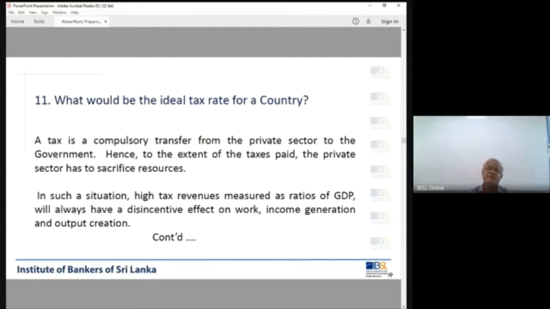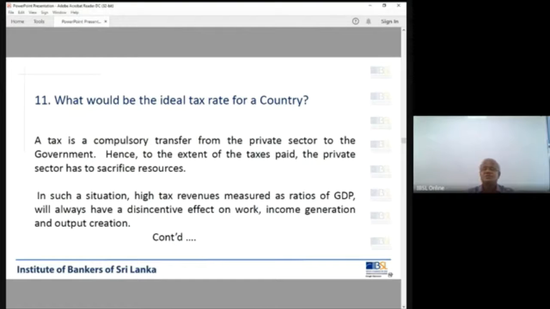What would be the ideal tax rate for a country? This is a theoretical question. A tax is a compulsory transfer from the private sector to the government. If you are a taxpayer, you surrender part of your purchasing power to the government.